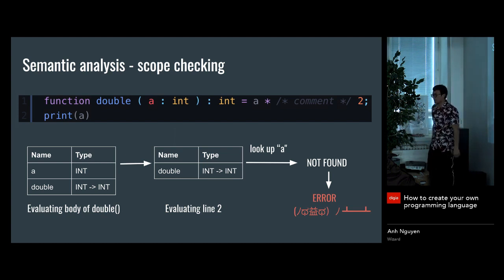Normally people do that by using a stack. When they enter a new scope, they put a marker on the stack, and then they put all the variables allocated in that scope on top of the marker.